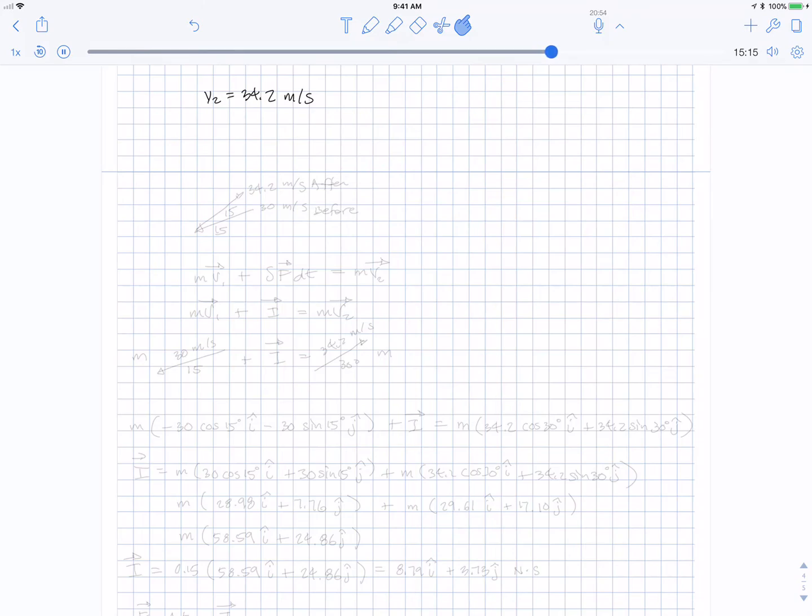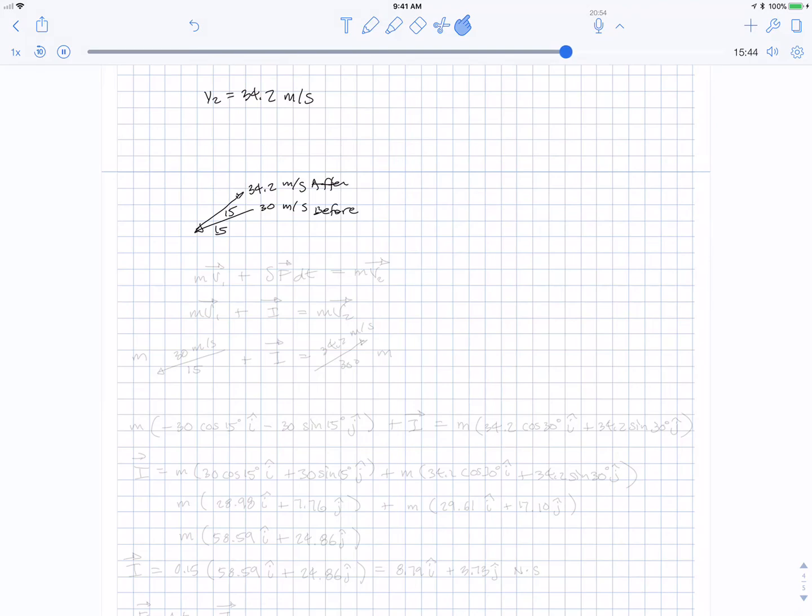So here's the impulse momentum problem. This ball is coming in at 15 degrees at 30 meters per second, and the batter hits it, and it leaves at 30 degrees at 34.2 meters per second. So this is before and this is after.